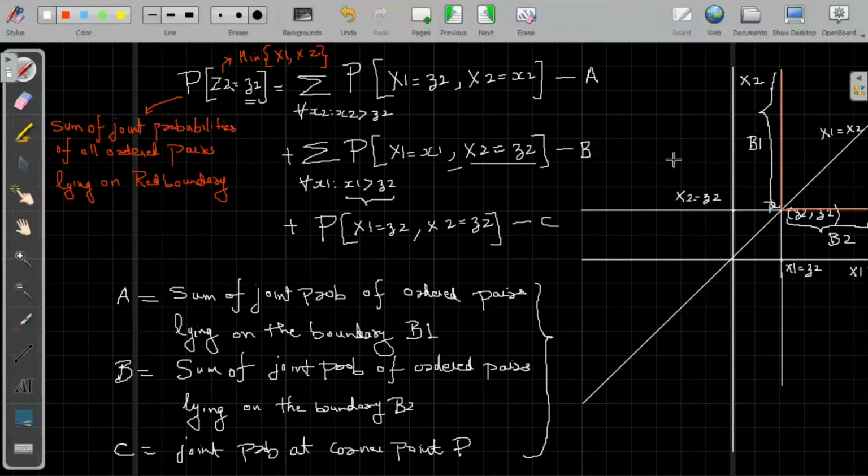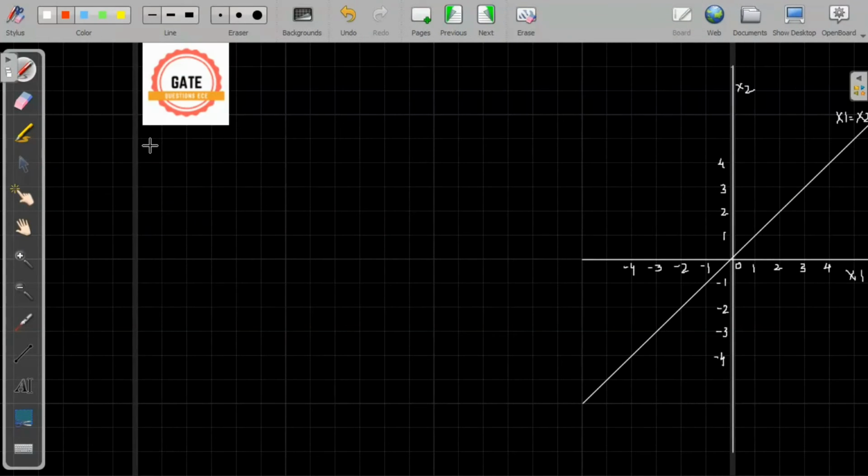So I will draw all those boundaries on the next page. So let's see what are the different boundaries that we can draw for Z2 equal to minimum of x1, x2 case for calculating the probability Z2 is equal to small z2.